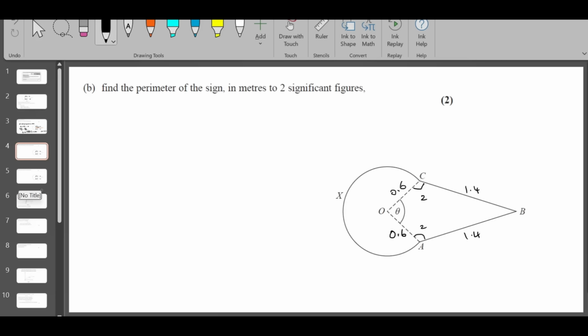Let's move on to part B now. Now we know the value of theta. Find the perimeter of the design. So we need to find this arc length, and we already know this is 1.4 plus 1.4. So add all this, you will get the perimeter. Now how do we find this arc length? We need this angle. If this side angle is theta, this would be 360 minus theta, right?